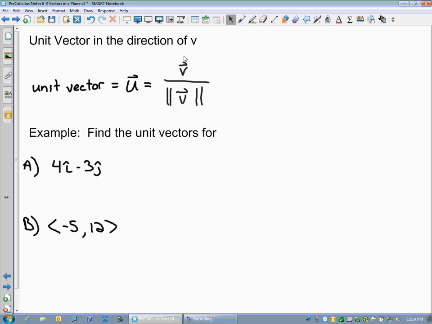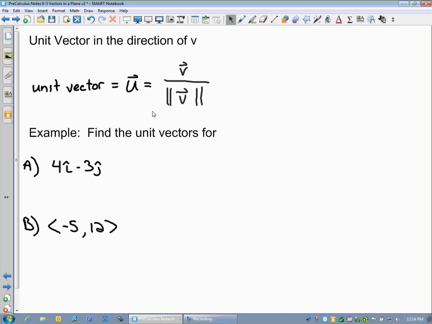If I take vector v, whatever that vector is, and divide it by its own magnitude, the result will be a vector that has the same direction. Sorry, we haven't changed the direction. However, by dividing by the scalar, because the magnitude is going to be a scalar, we're simply compressing it down to a unit vector, a vector of magnitude 1.